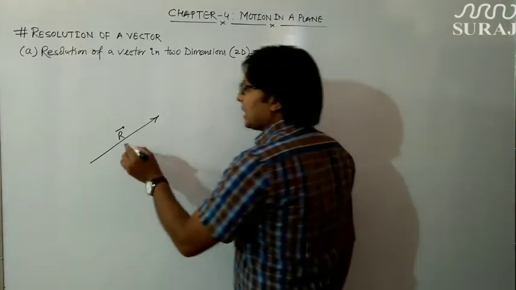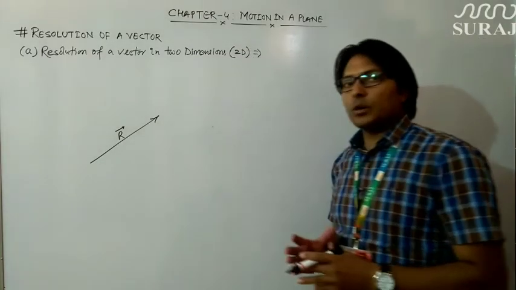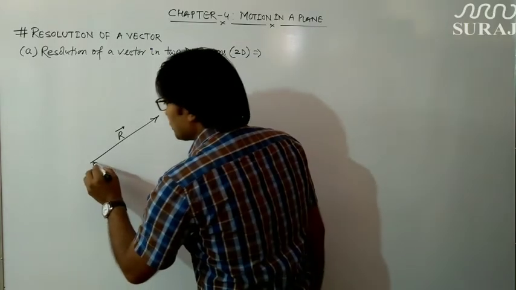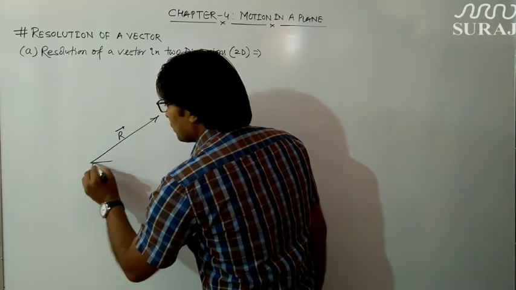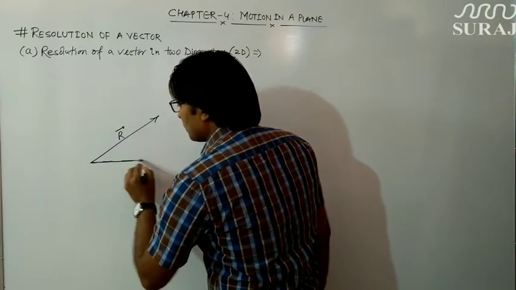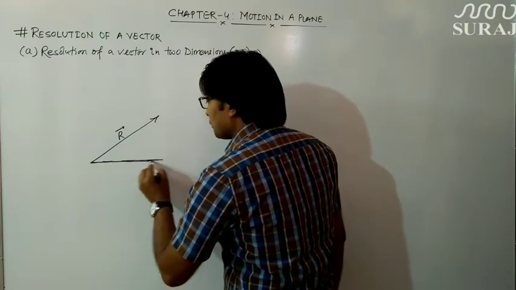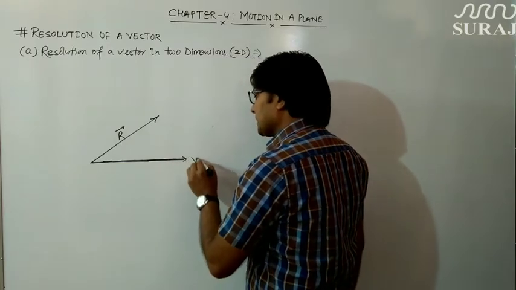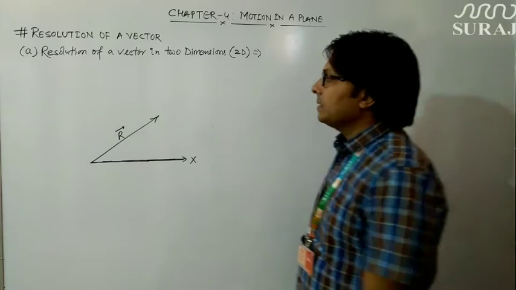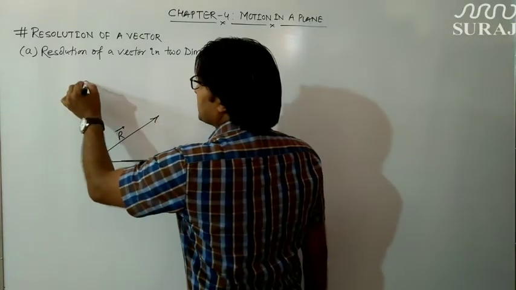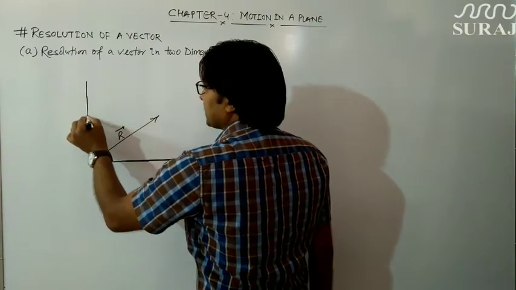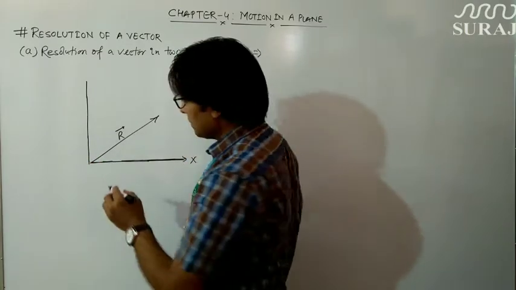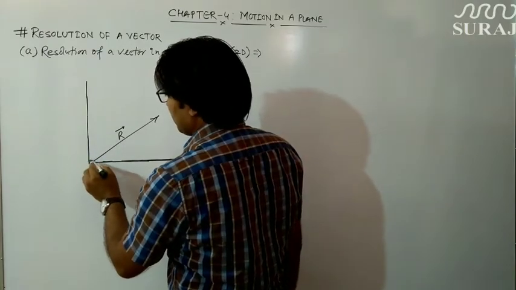So this r vector is to be resolved into two perpendicular components. What I am going to do is draw one vector in the direction of x, suppose this is x direction, and the other component in y direction.